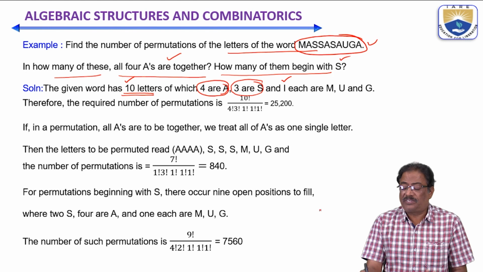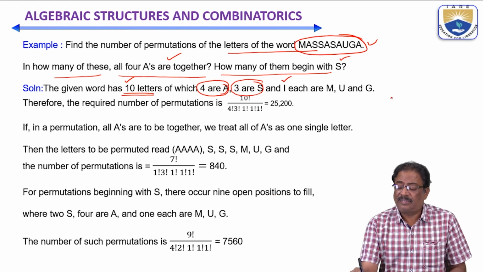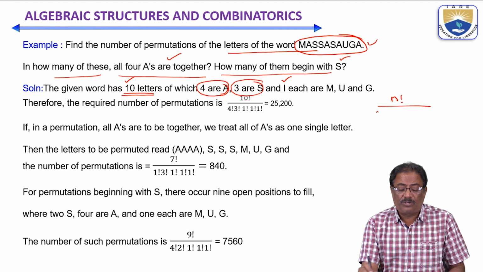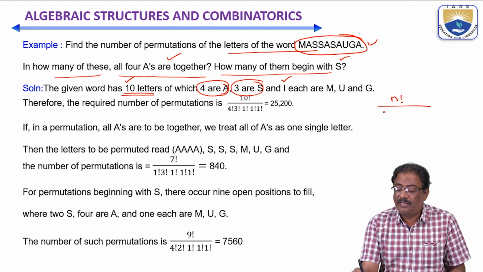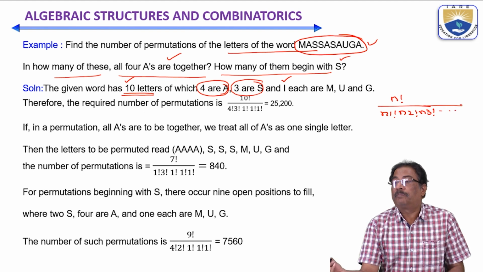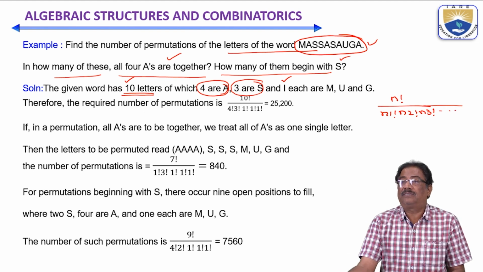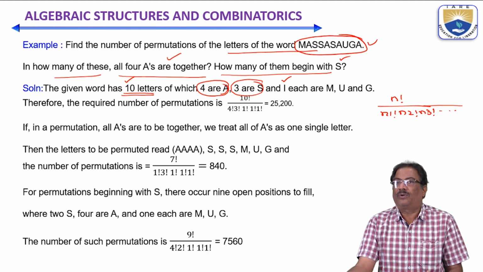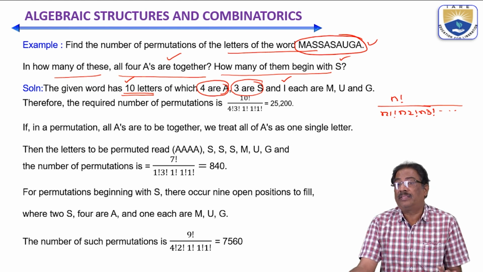Now the required number of permutations is the total number factorial divided by the repetition factorials. If a character is repeated n1 times, we write n1 factorial, another character repeated n2 times, n2 factorial, another repeated n3 times, n3 factorial, and so on. However many times a character is repeated, that many times you write the factorial.